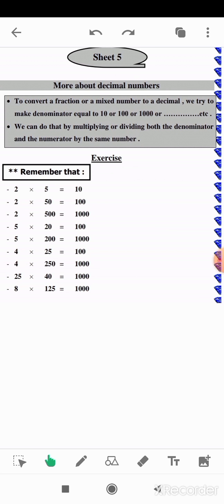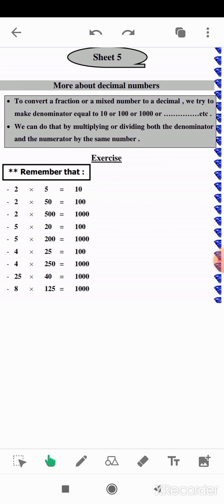If I have a fraction and want to convert it to a decimal, I should make its denominator 10 or 100 or 1000 and so on, because any decimal number must have 10 or 100 or 1000 and so on in its denominator.